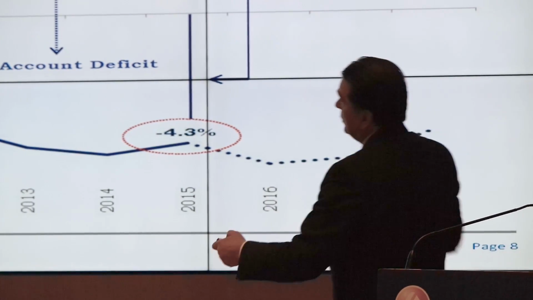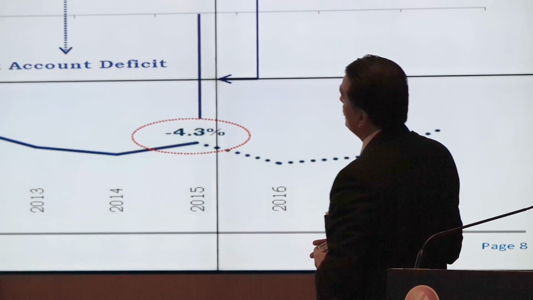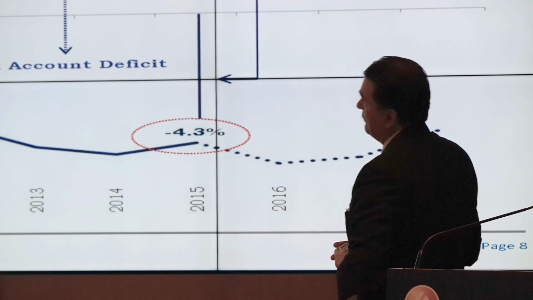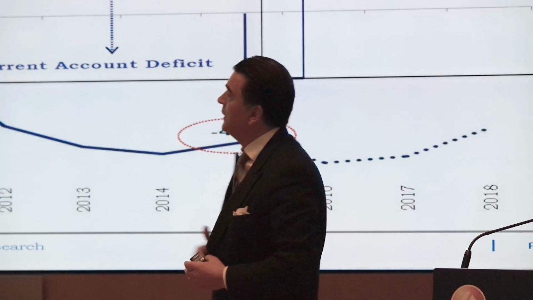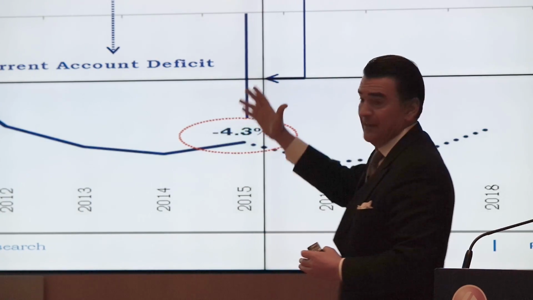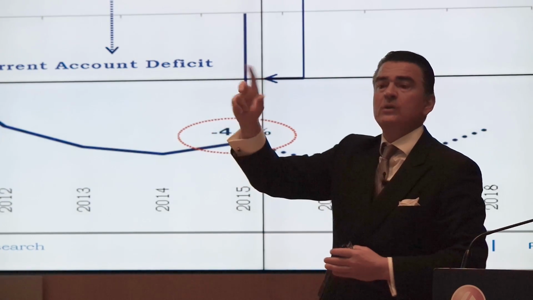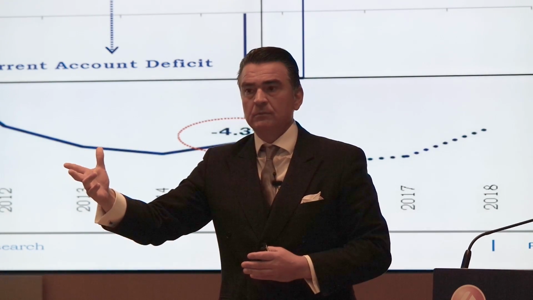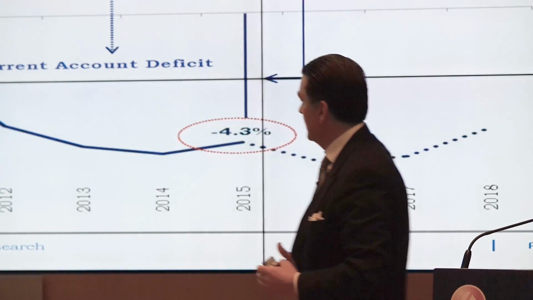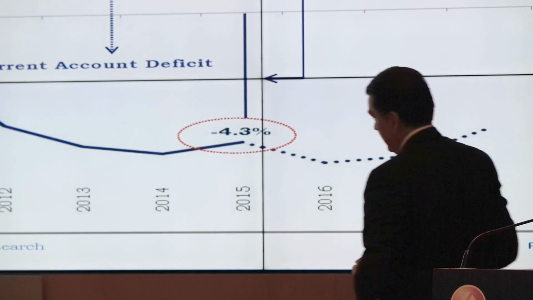The first graph on the top side shows the evolution of gross capital formation, which is investment, and the evolution of gross national savings. The difference between these two lines is the current account balance, the current account deficit in the case of the UK.